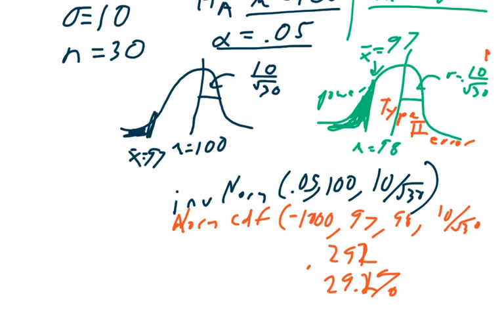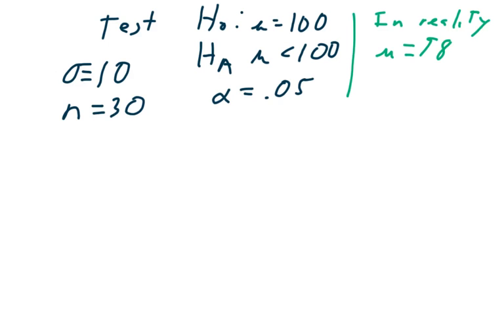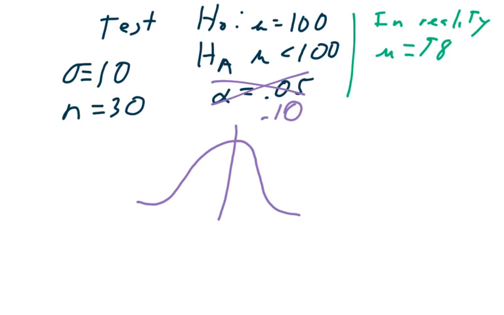And so we're going to show ways to increase the power. So let's say that instead of this being 0.05, we are going to do it with 0.10. So this is still mu equals 100. The standard deviation is still sigma equals 10 over the square root of 30.